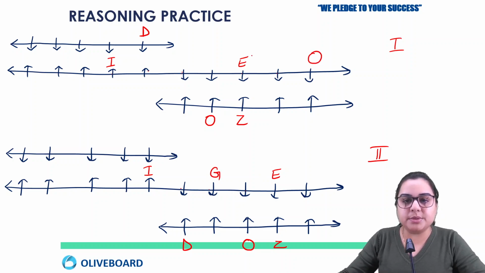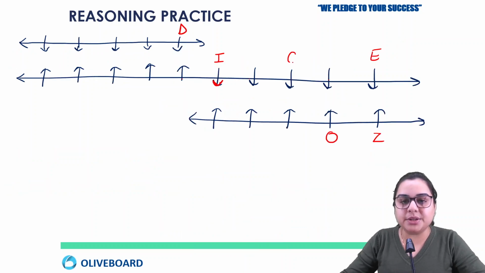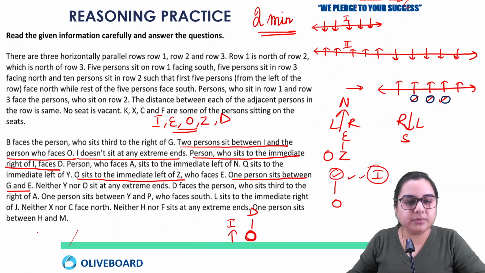In the first possibility, G can be written on these two positions. And in the third possibility, G can be written here. Okay, right. So this is the information about G and E.